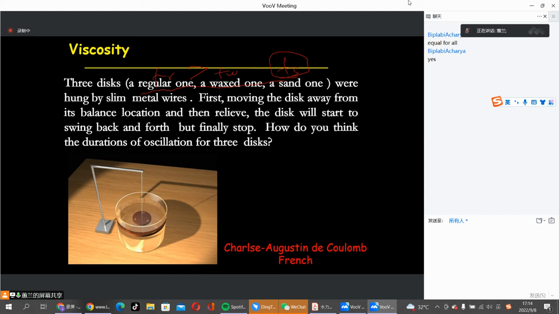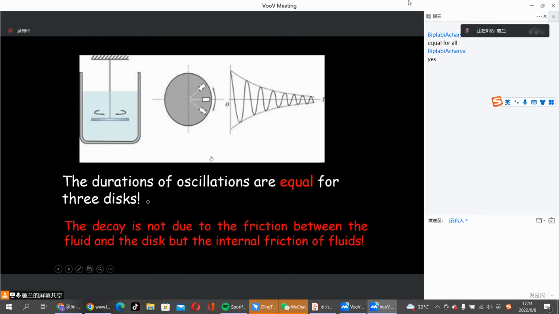Yeah, you're right. They have equal duration of oscillations. Why? Because of the drag force by the water, because of the friction force between the water and the disc, it stops swinging back and forth.